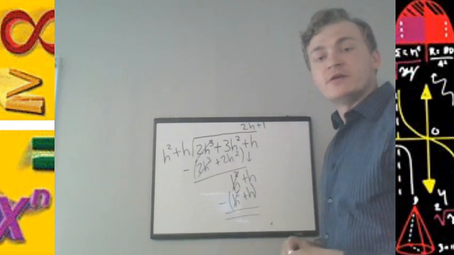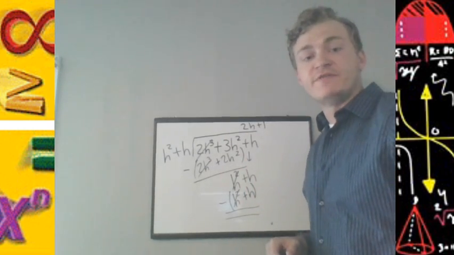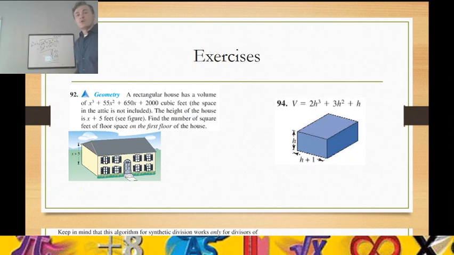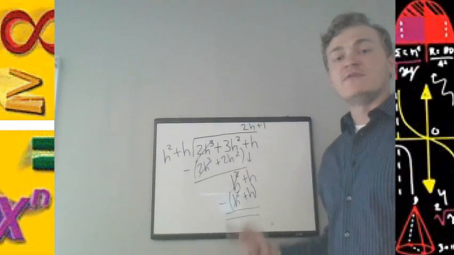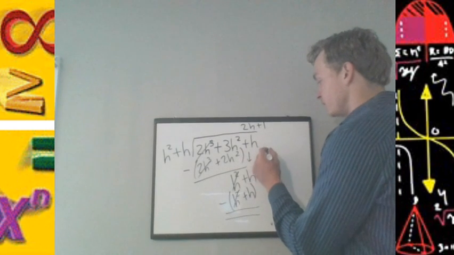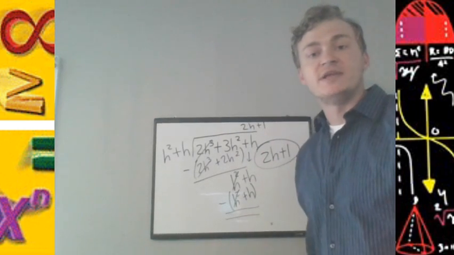There is no remainder. Therefore, we see that we are given the volume. We are given two of those three dimensions. To find the third dimension, we multiply together h and h plus 1, and then we divide that into the expression for volume, giving us the third dimension to be 2h plus 1.